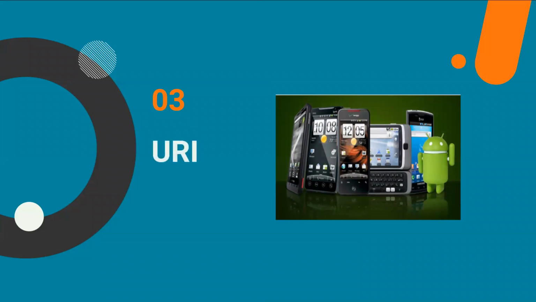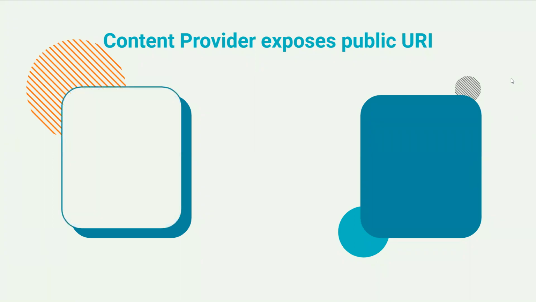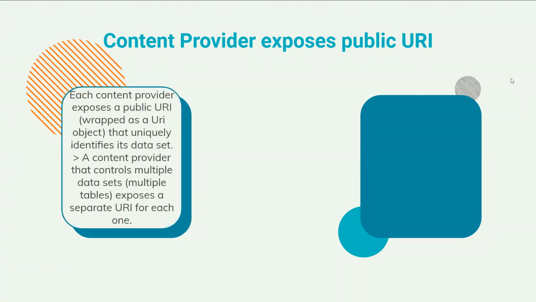Next comes Uniform Resource Identifier. A content provider uses a URI to identify data. Each content provider exposes a public URI wrapped as a URI object that uniquely identifies a dataset.